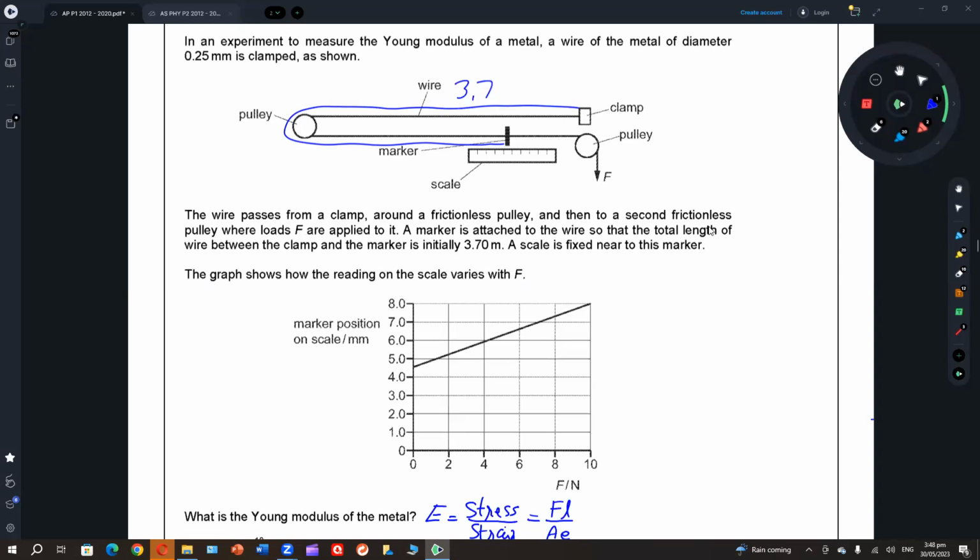So when they start adding the load, the wire will stretch downward and the marker will move to the right.